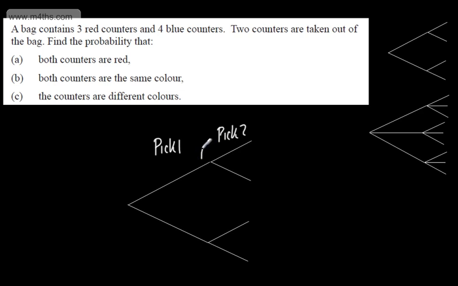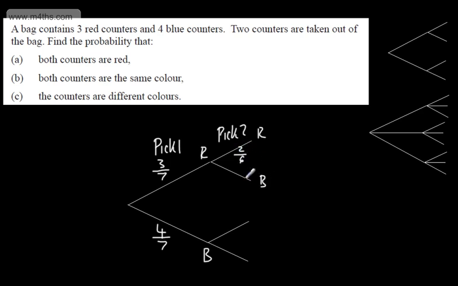So what I'm going to have now is red, and I could write here either blue or not red. What I'm going to do to make it easier is just write blue. So on the first one we can see there are 3 red counters out of 7, therefore we've got 4 over 7 for blue. If I picked a red on the first one, we only have 2 in there out of 6.